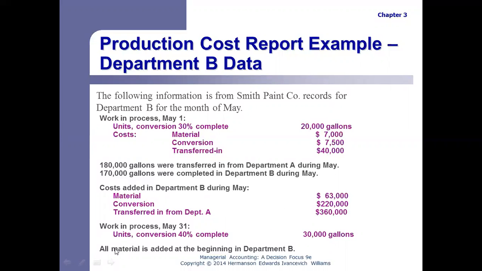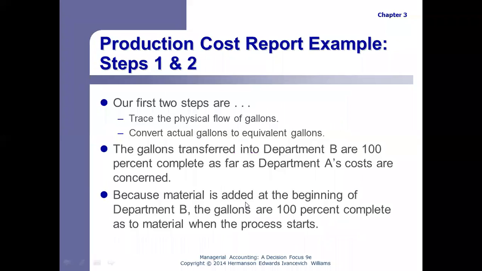Okay, so notice all materials is added at the beginning, Department B. So for materials, as soon as they start the process, all the materials are added. Okay, and we'll see how that works in a second. So the first two things we do is trace the physical flow of gallons. Then we convert those gallons to equivalent units.